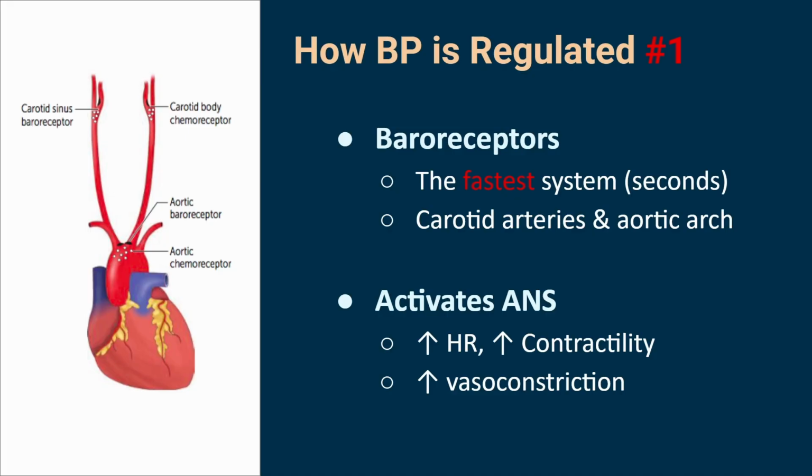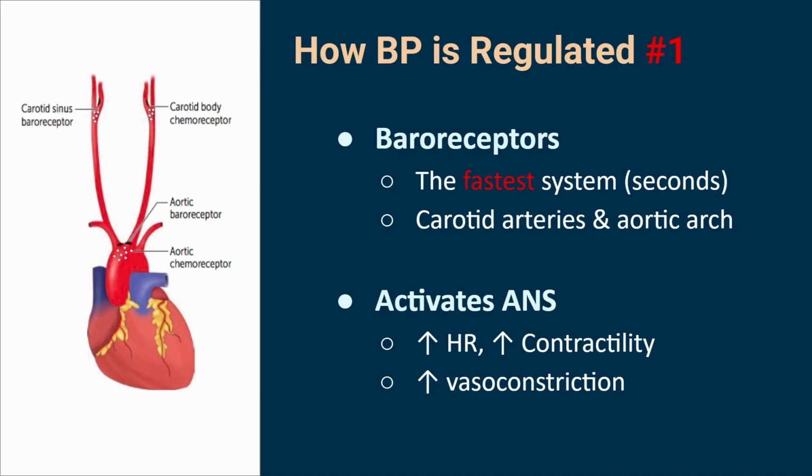And when they detect that your blood pressure is too high, they are going to activate your autonomic nervous system. It means they're going to release hormones and signals to increase your sympathetic response and decrease your what? Parasympathetic.